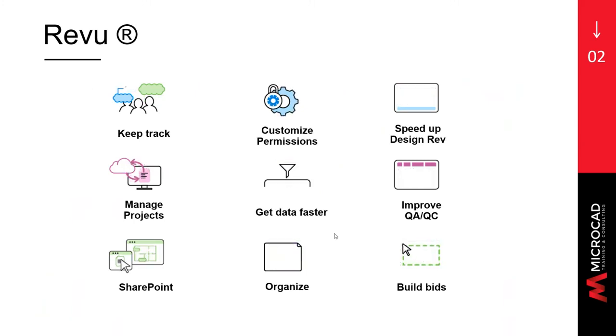We are going to be able to continue with those same processes or even improve them. The built-in filter option is going to allow us to get that data faster, right? So if we are working on a bid or we are working on a delivery, using the filter options is going to be great. Managing projects now is even better with the option to have the elements on the cloud.